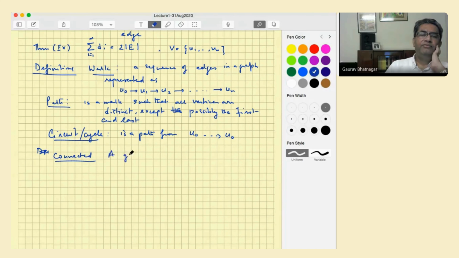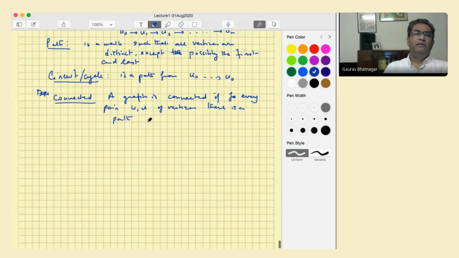A graph is connected if for every pair u, v of vertices there is a path from u to v.